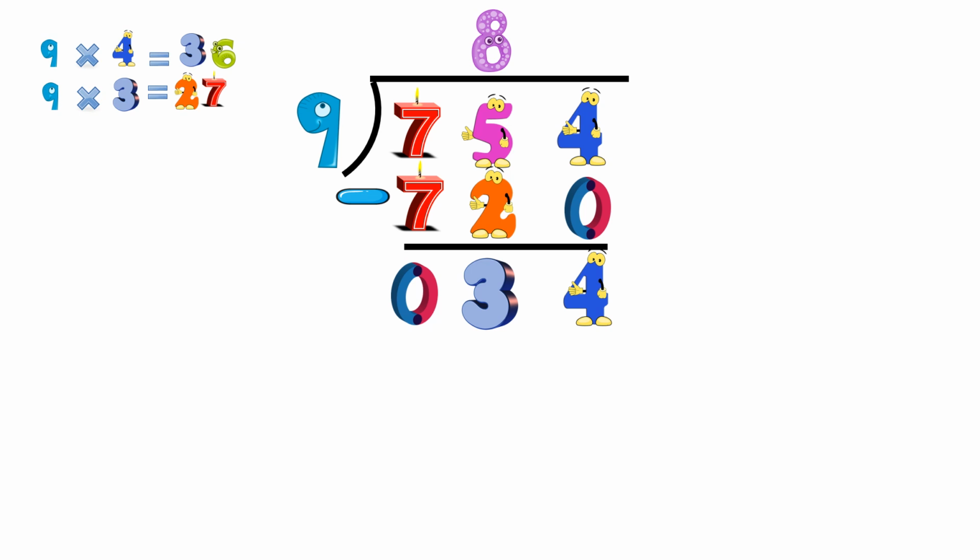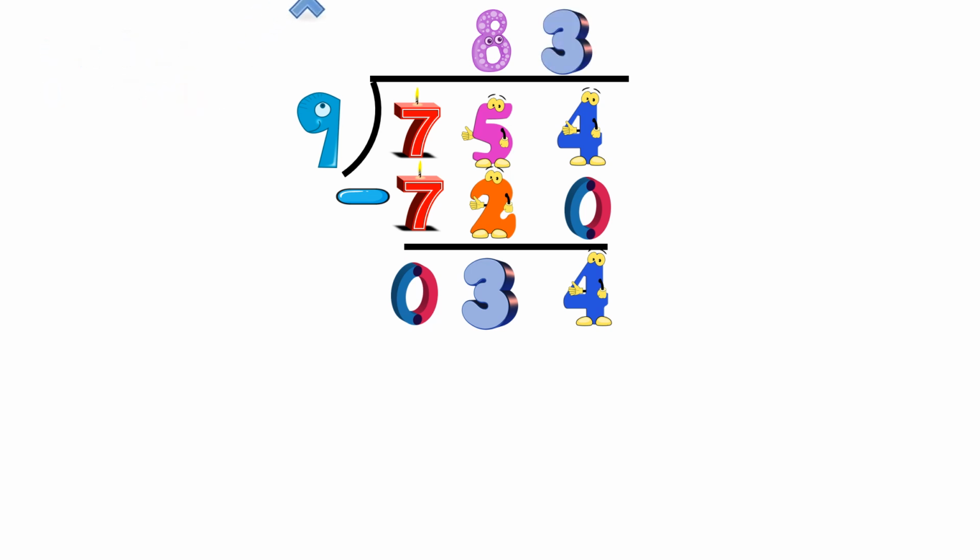So 9 times 3 is equal to 27, which is close to 34. And in this case, the answer is 3. And here is 3. Then we multiply 3 times 9. 3 times 9 is equal to 27. We subtract 34 minus 27.